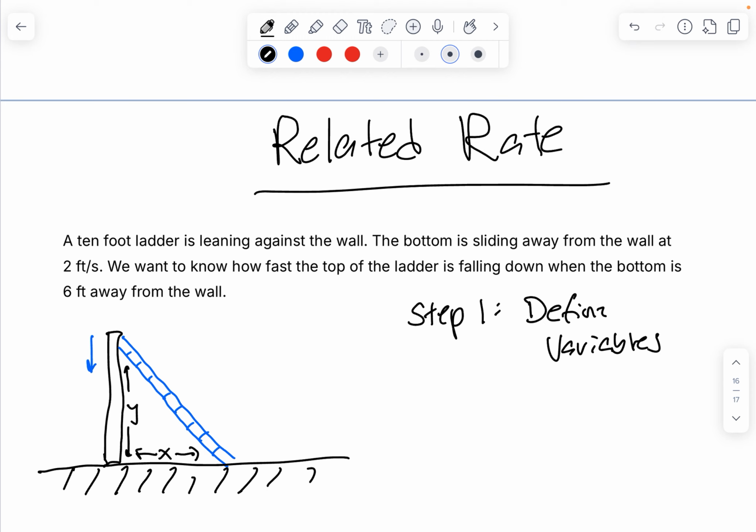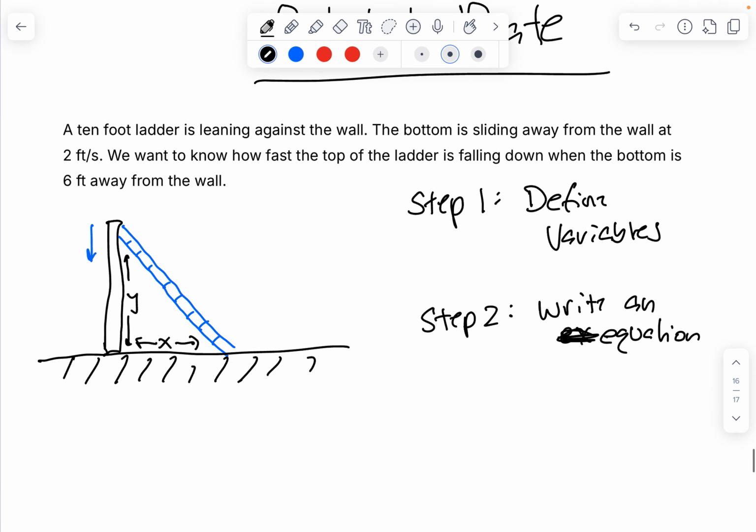So I'm going to write a function, and that is step two. Step two is write an equation. So I'm going to make it in red. Because I can see that this right here is a triangle, right? I'm going to relate this to the Pythagorean theorem.